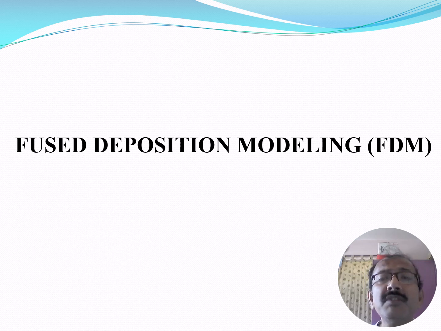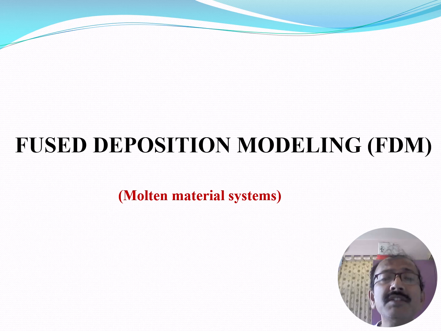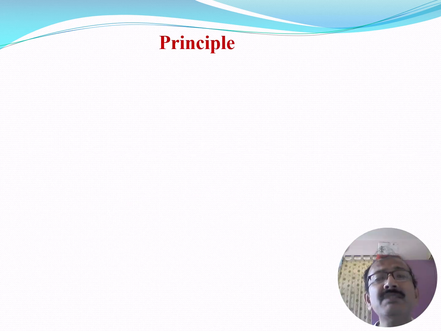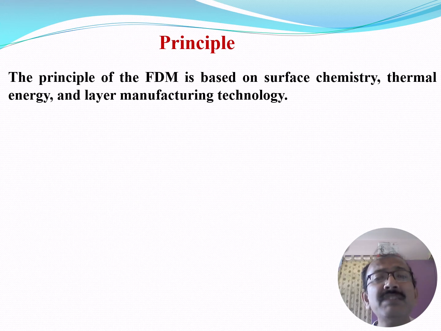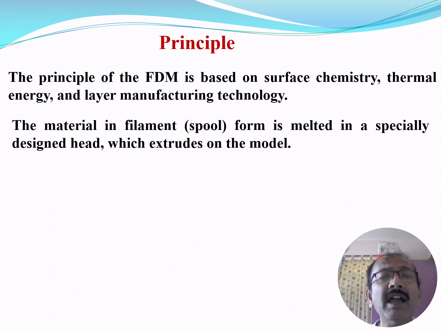Now the fused deposition modeling, that is FDM, is called a molten material system. Now what is the principle? The principle of FDM is based on surface chemistry, thermal energy and layer manufacturing technology.